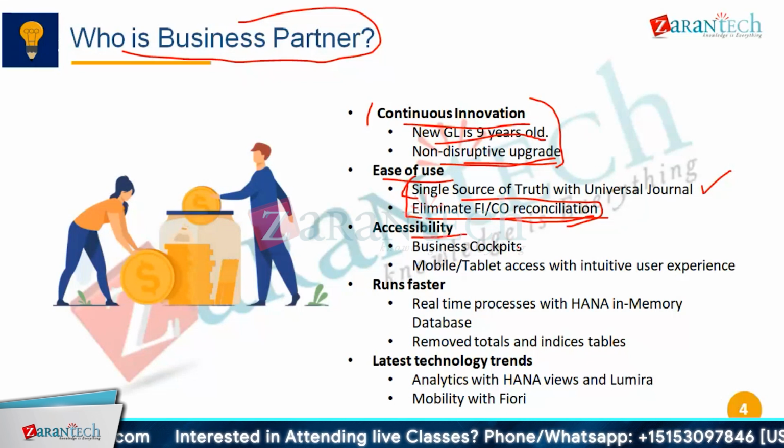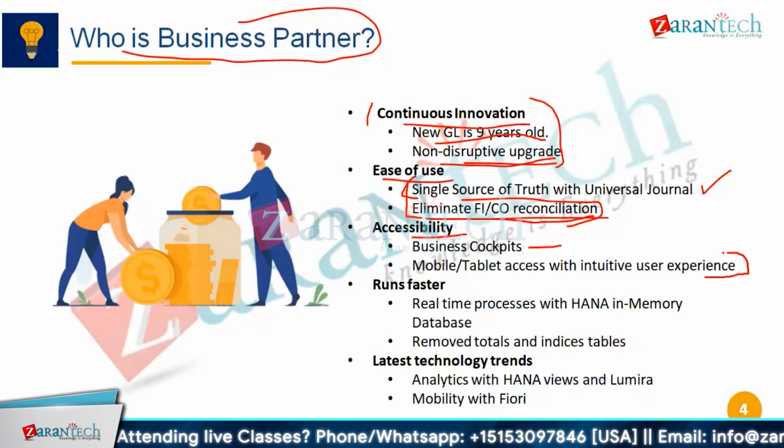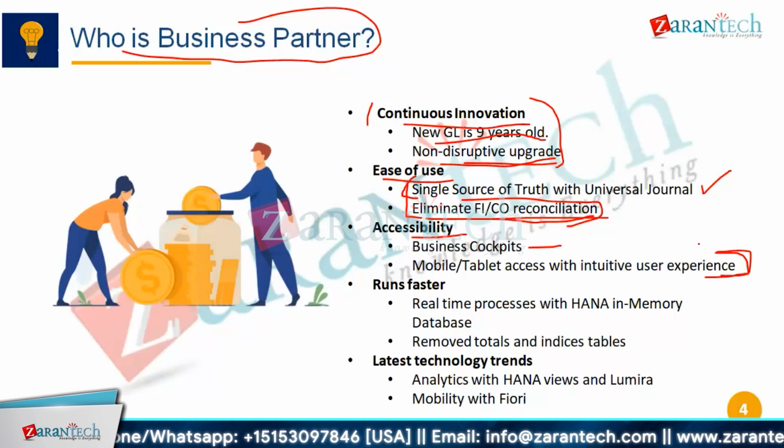Accessibility: business cockpits, mobile and tablet access with an intuitive user experience. We used to access the SAP ECC version through the GUI only, but now we can access it through Fiori apps, meaning through the browser, mobile phone, and tablets.